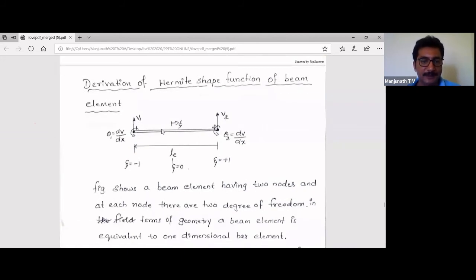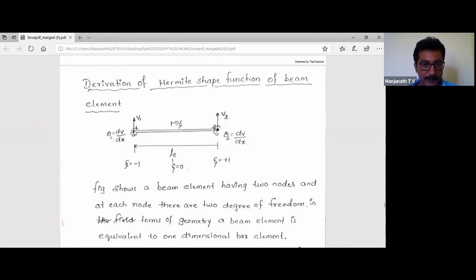Now, consider a beam element which has node 1 and node 2. At node 1, there is 1 degree of freedom which is vertical, and a second degree of freedom which is rotational. Similarly, at node 2, vertical and rotational, so there will be 4 degrees of freedom. Even though there are 4 degrees of freedom, it is considered a one-dimensional beam, almost similar to the bar.